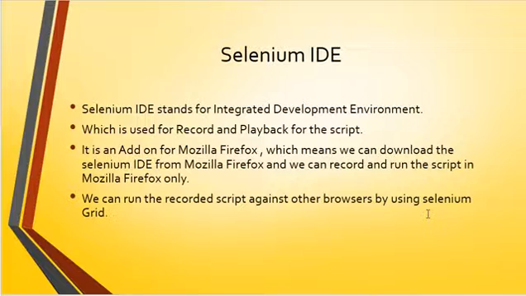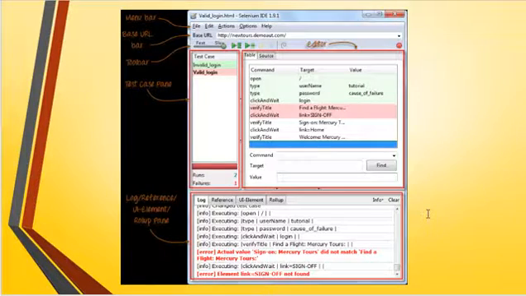Okay. So to make you clearly understand Selenium IDE, let me show exactly how the Selenium IDE looks. Okay. This is how the Selenium IDE looks. This green button is your record button. You just have to click on that. When you click on that, here you can see a red option. That means your screen is getting recorded.